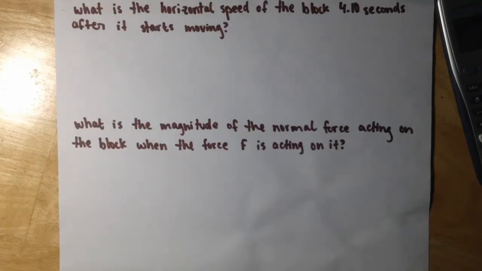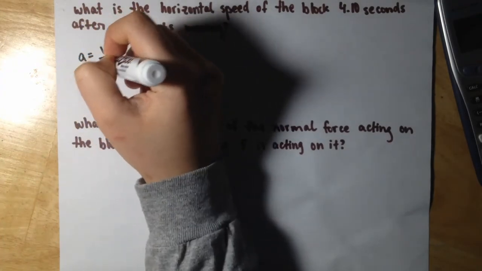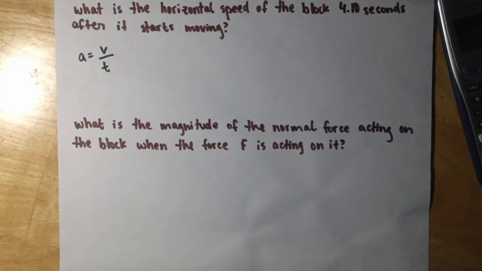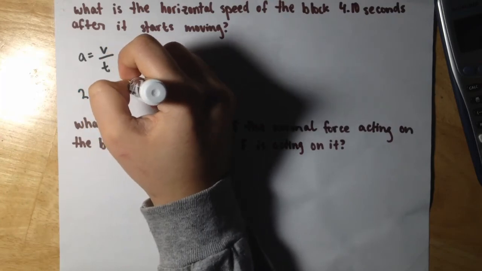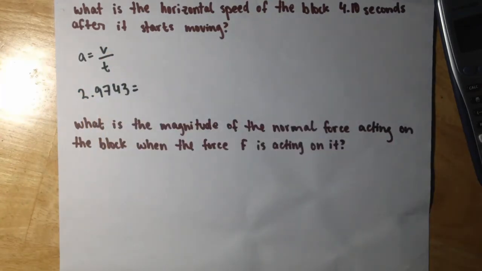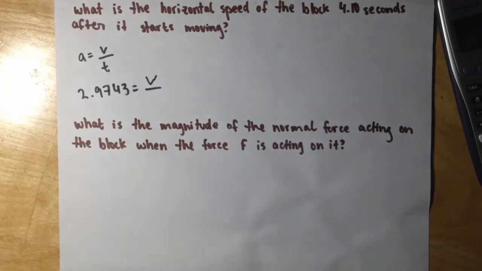The next question asks for the horizontal speed of the block 4.1 seconds after it starts moving. So we can use the acceleration formula to solve for this. Acceleration is equal to the change in velocity over the change in time. And in the last problem we figured out the acceleration to be 2.9743. We can set that equal to the velocity, which we have to find, divided by the time, which they gave us in the problem to be 4.1 seconds.